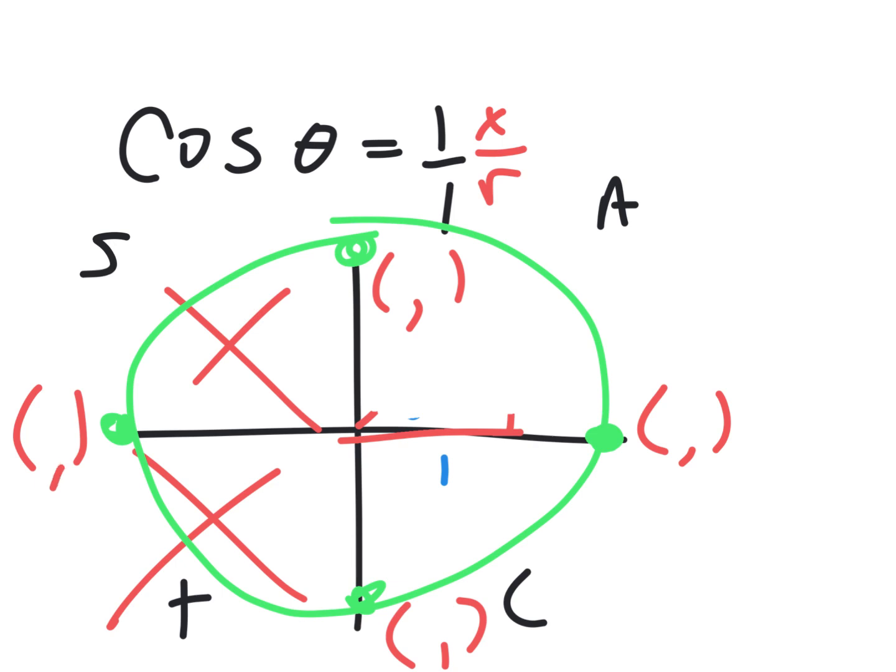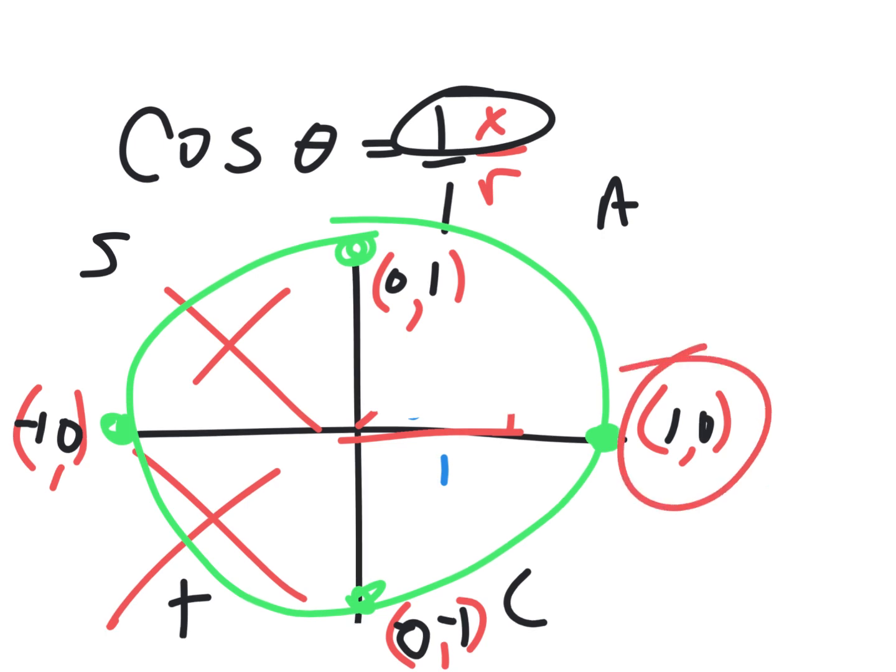What is the answer? 1 comma 0, 0 comma 1, negative 1 comma 0, or 0 comma negative 1. Which one has the x is 1? There's only one of them. It's that one.